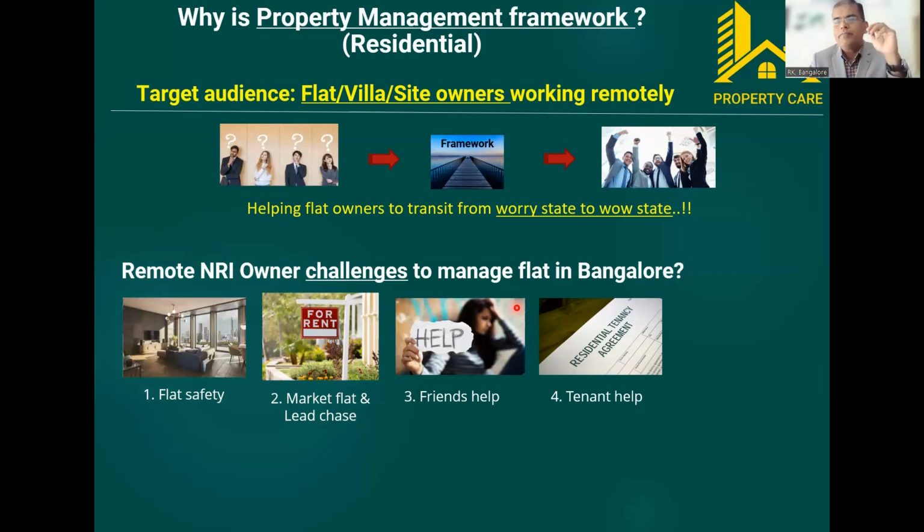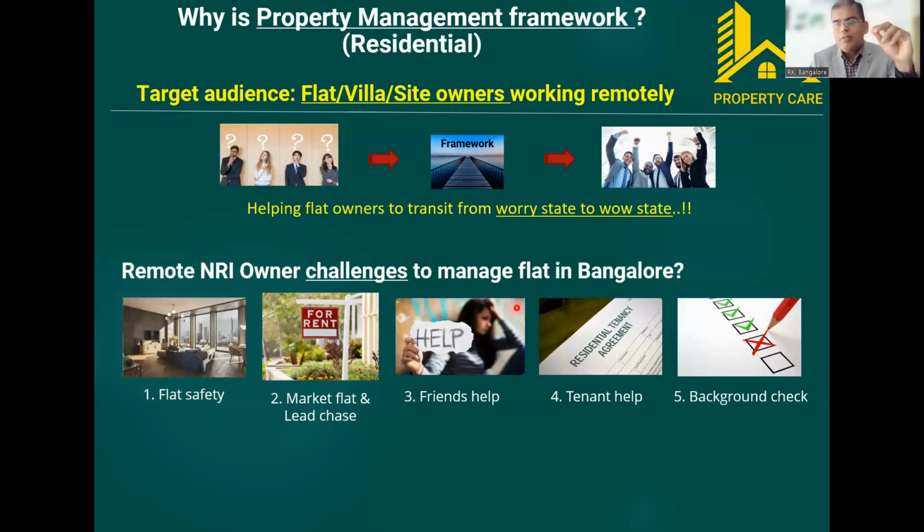The tenant only has to go and get it done. Okay, the documentation is done, then they sign it, and they move in. So everything the tenant has to do. This is a challenge that owners find, so we are trying to help.